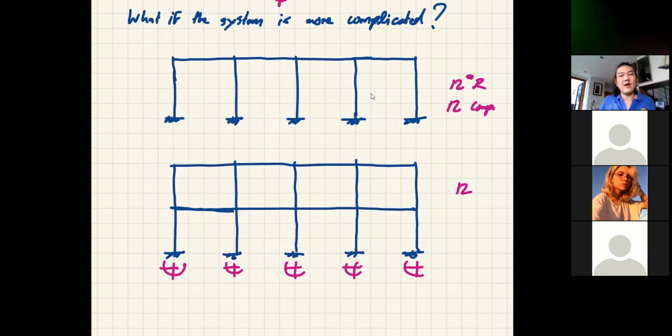Now let's say you cast your magic spell and you can solve all the reactions. If all the reactions are now known, and I cut the free body diagram here, and I cut the free body diagram there, my free body diagram would look like this, right?